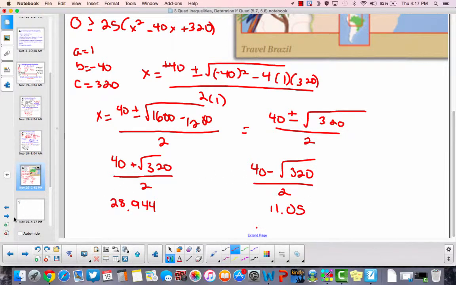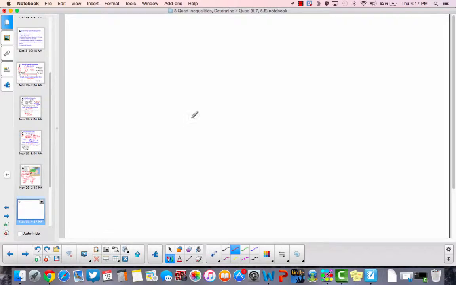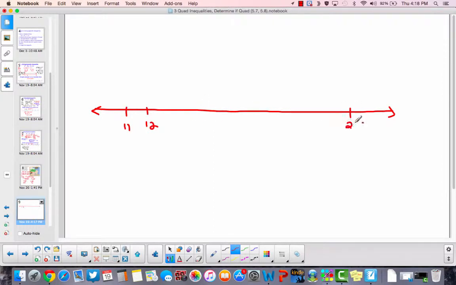Now, we're going to look at putting this on a number line, so we can determine where we want to put this. So I've got 11, I've got 12, and then over here I'm going to have 28 and 29. Okay.